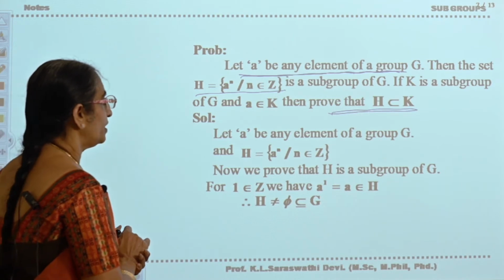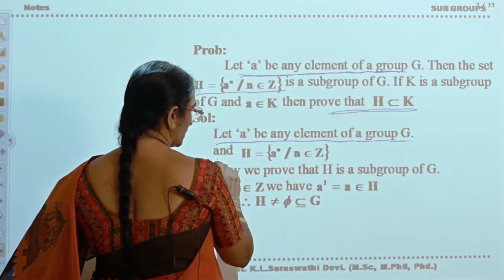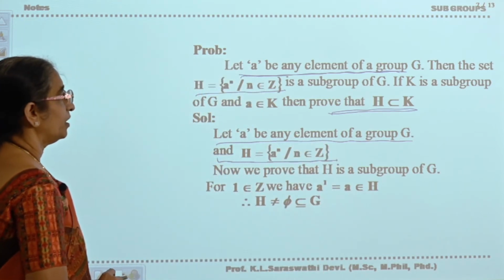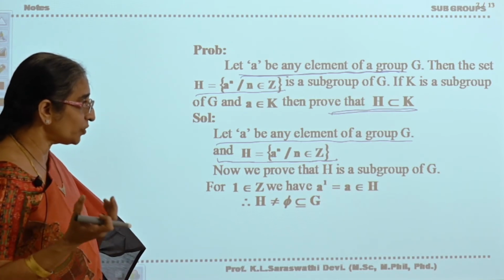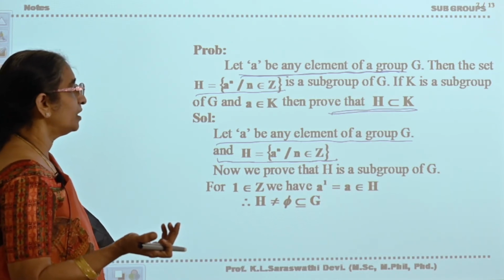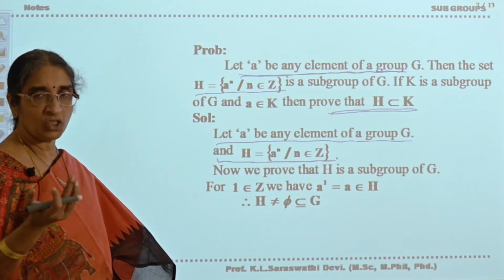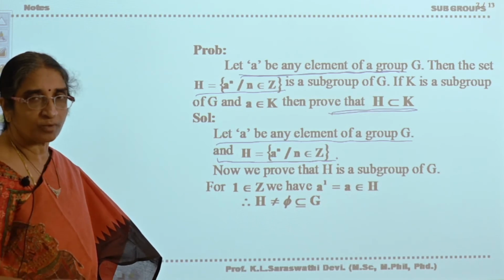See here, A be any element of G. H is equal to the set of all A power n, n belongs to Z. Now we proved that H is a subgroup of G. In order to prove that H is a subgroup of G, you can take two elements A, B from H. A B inverse belongs to H. By the necessary and sufficient condition, your problem will be over.